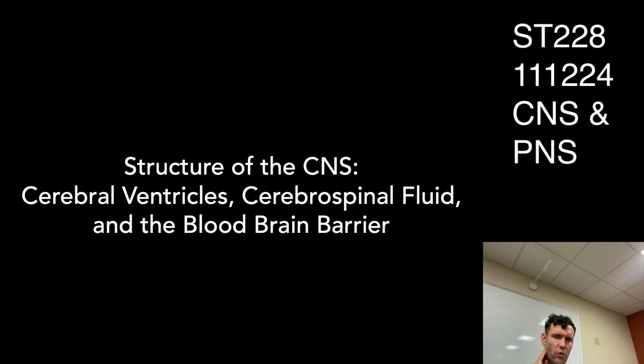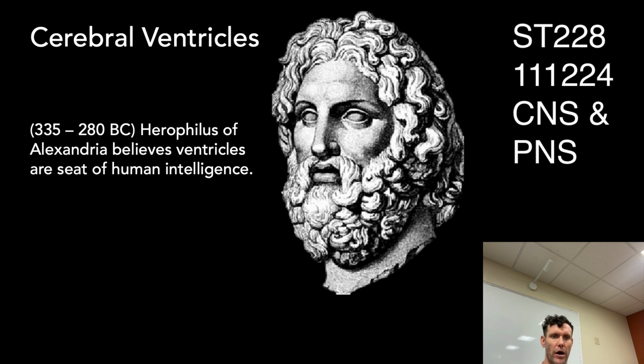Next, we're going to go through all of these things: cerebral ventricles, CSF, and the blood-brain barrier, the triple B. All right. Back to our other Alexandrian buddy, Herophilus. He thought that certainly the brain is the seat of human intelligence, unlike Aristotle, you'll remember, who thought it lived in the heart.